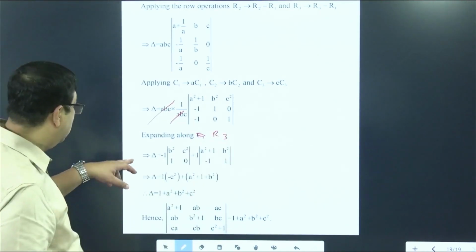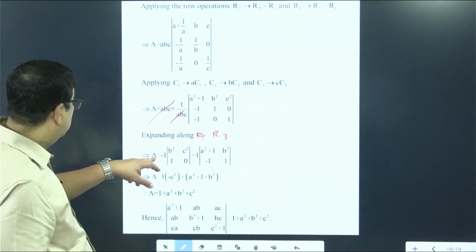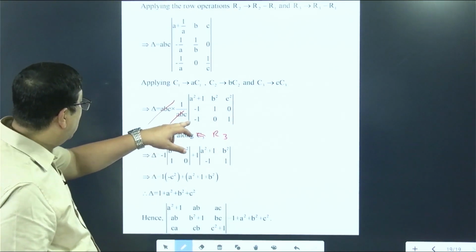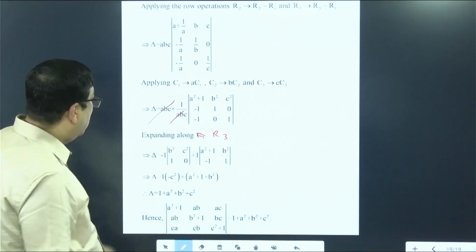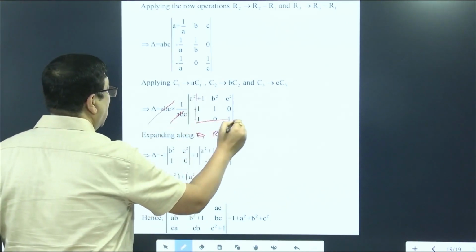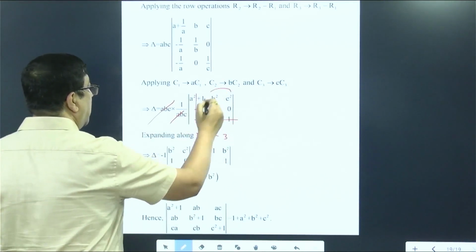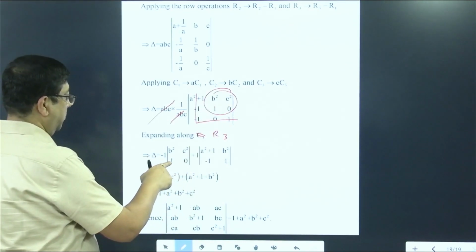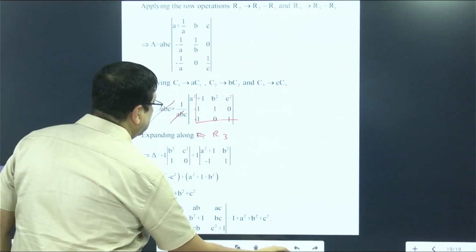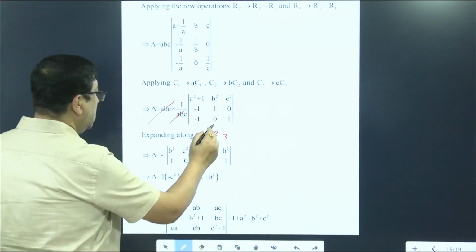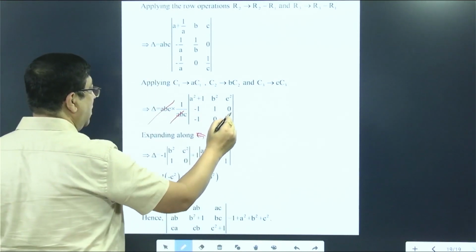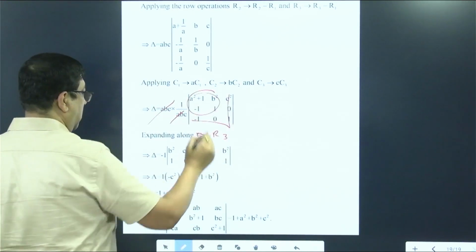It's a printing mistake again here. So if we expand through R3, minus 1 into this determinant, and I am changing this, and 0 into anything, and plus 1 into this determinant.